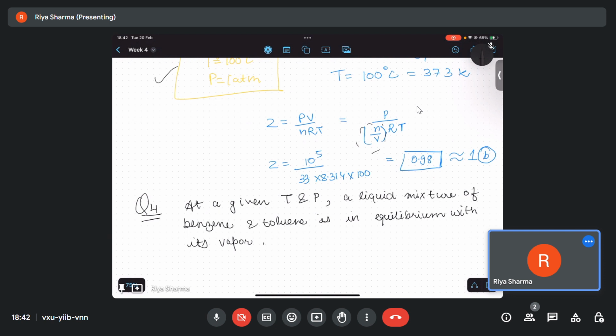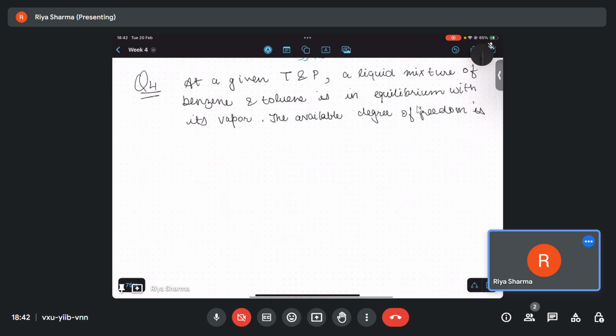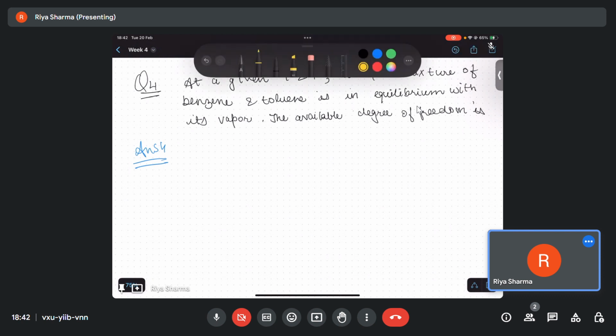The available degree of freedom is, so it is asking, at a given temperature and pressure, what will be the degree of freedom? So let's write what it is.